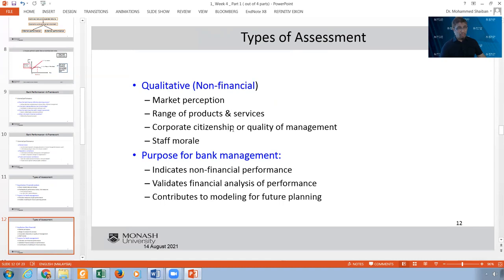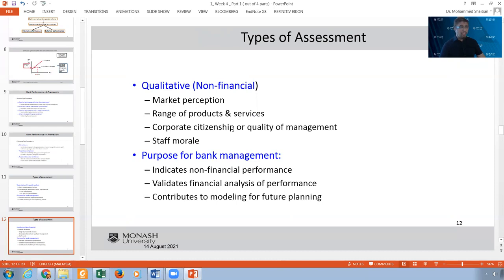When we talk about corporate citizenship, we are talking about how we are doing on the social front and the environment front, what our participation is in that, and how we design our products in a way to encourage the safety of the environment, and how we are financing, whom we are financing. Are we financing companies that are actually harming the environment? All of those issues come under CSR, including our contribution.